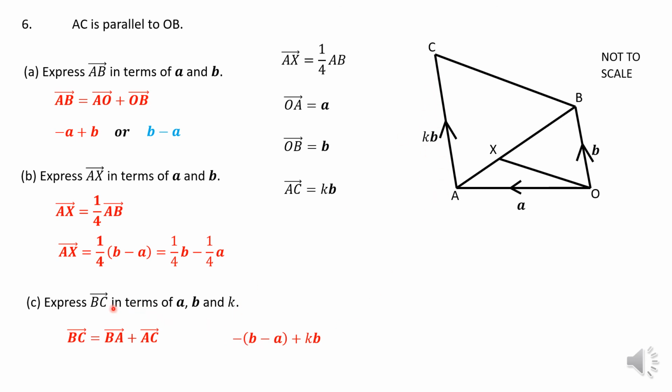They are saying you're supposed to write this in terms of A, B, and K. So when you clean this up, you multiply out and collect the like terms, the like term being this KB with that minus B, and a negative times a negative gives you positive. What I like to do is take the coefficient here. The coefficient of this one is -1, and I rewrite it like that. So this is how this particular one is done. If you are a little bit worried or confused, there is a coefficient here of 1, and we take out those coefficients.